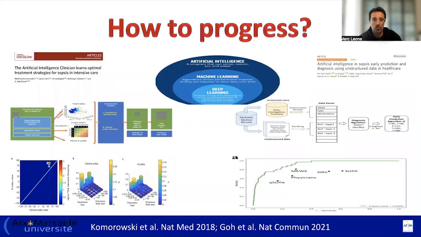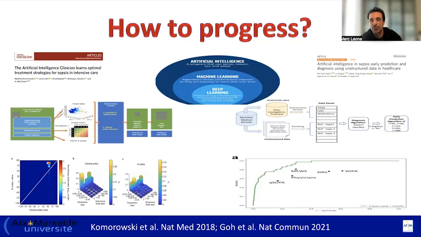So we need some new tools, like deep learning, machine learning, and artificial intelligence to help us progress in the identification of infection and sepsis. There was this wonderful study of the group of Matthieu Komorowski from London, showing that the use of artificial intelligence can improve the management strategies used in patients with sepsis.